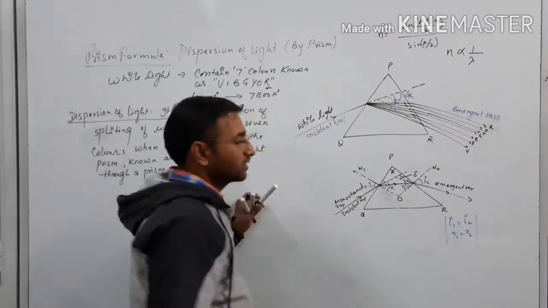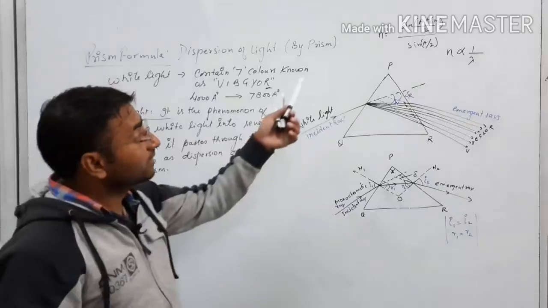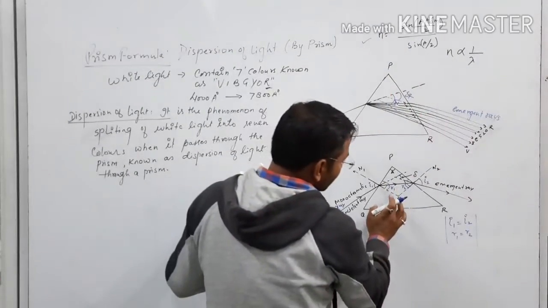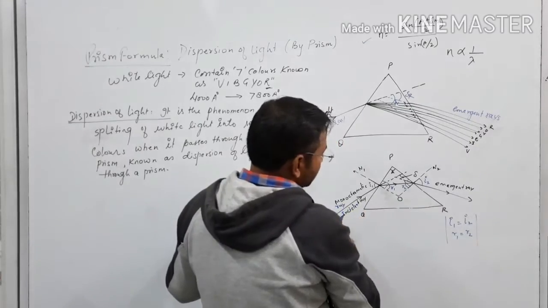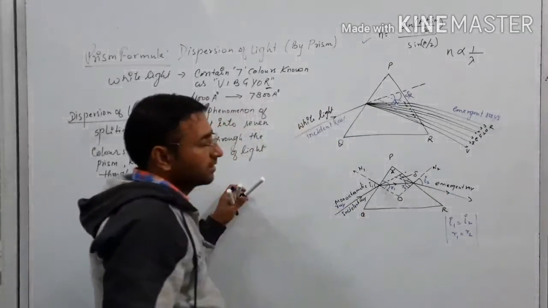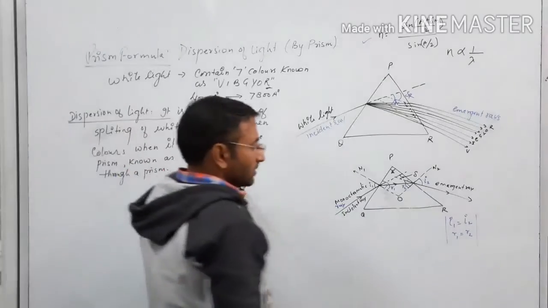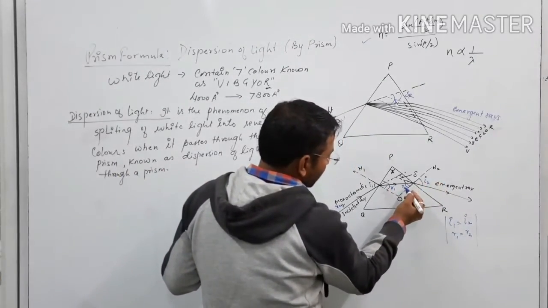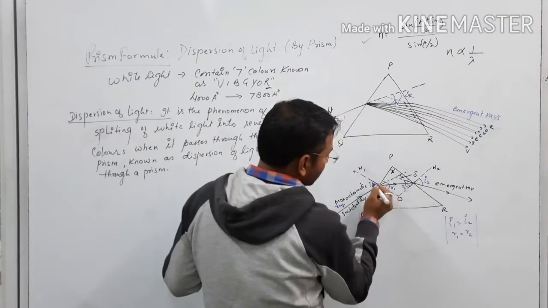So here we are talking about the case of minimum angle of deviation to observe this relation for n. For that condition, the incident ray and emergent ray are symmetric in nature. That's why I have drawn this diagram like that, with I2, R2, R1, I1 written here.